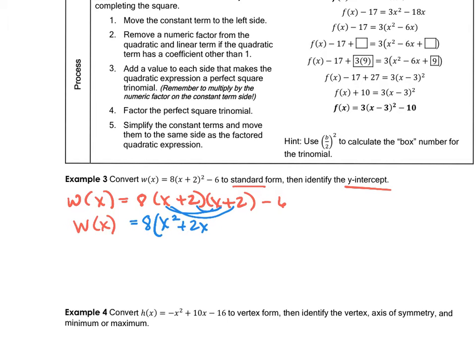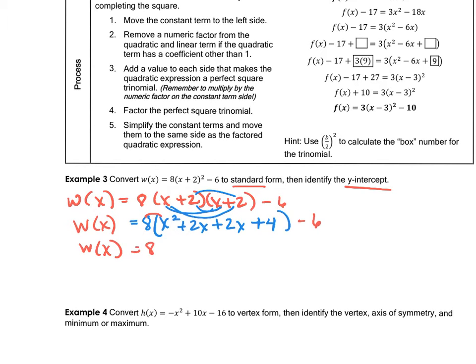The inside is another 2x. And then the last is 4. And so basically showing the work of the foiling. Then you're going to distribute. Actually, I'm going to go and combine like terms before I distribute the 8.